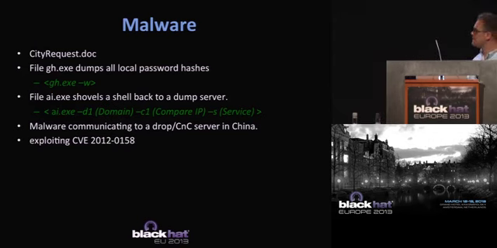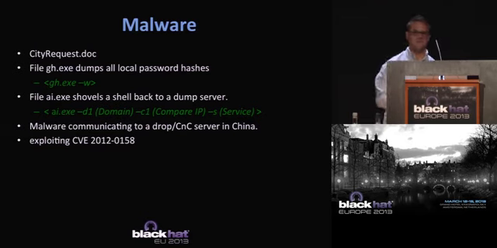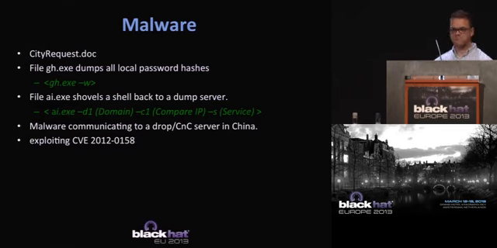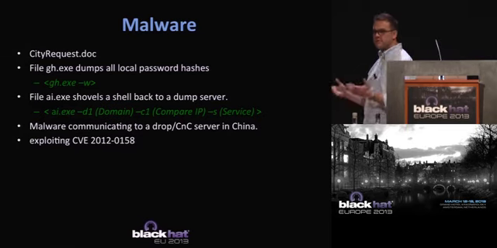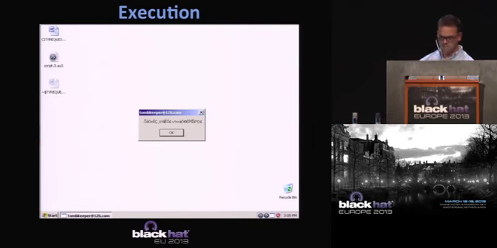The malware is communicating to a drop server, the C&C server in China, and it's exploiting CVE-2012-0158. For those of you that are familiar, that's a pretty common exploited Word doc, nothing too crazy there. On execution of the malware, you're going to see an email address, tombkeeper@126.com, with some fairly generic characters there.